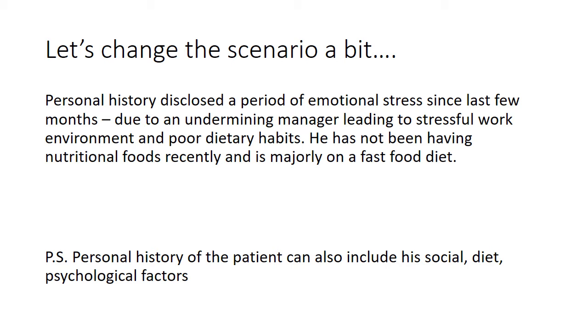Other social histories can be something like a patient who comes from a very poor background, because of which he doesn't have a healthy lifestyle, or he has restrictions to certain healthy lifestyles.